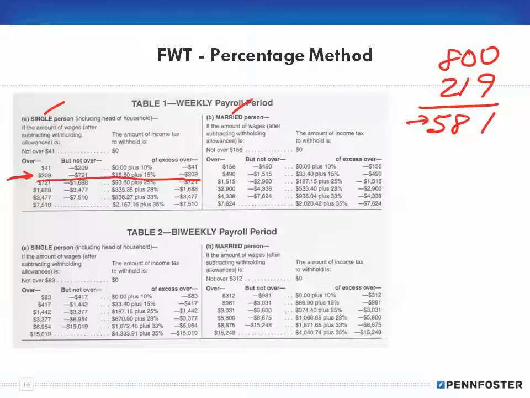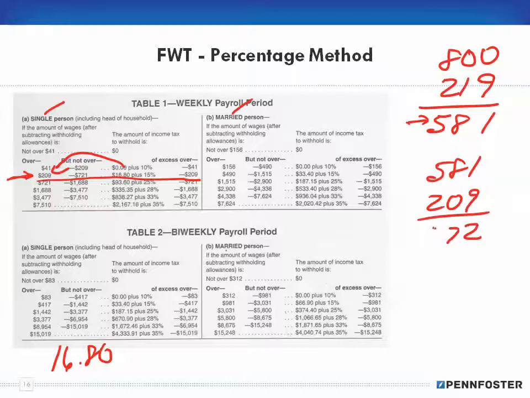Okay, and what it tells me is that I'm going to take $16.80, right, plus 15% on the amount over 209. Remember, the $16.80 is the amount of the tax for the 209. So now I have to figure out the plus 15%. So if I have 581 and I subtract 209, gives me 372. That means $372 is in excess over the 209, right?